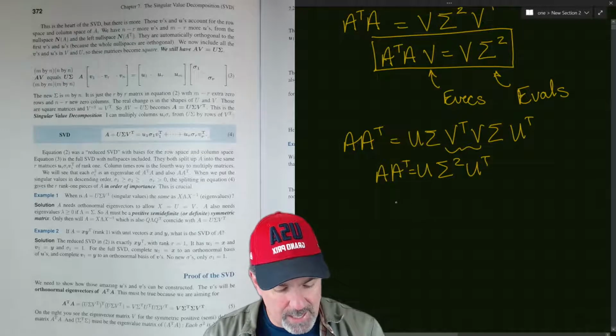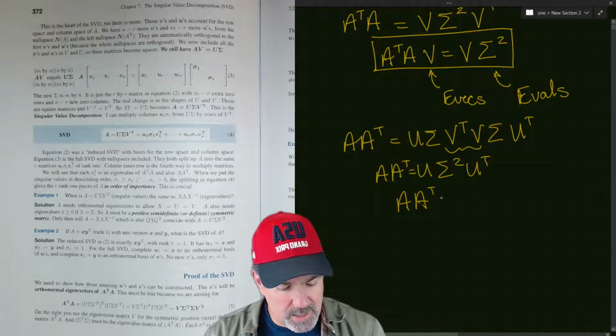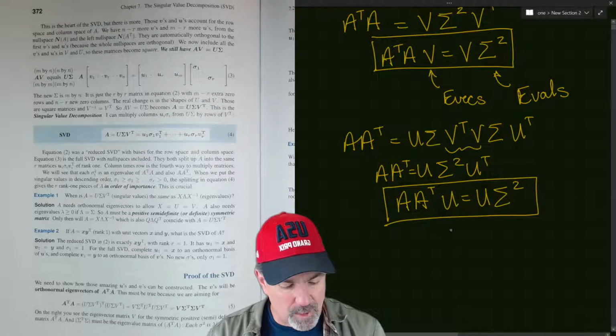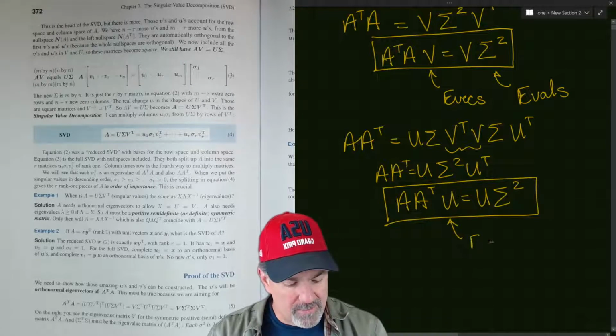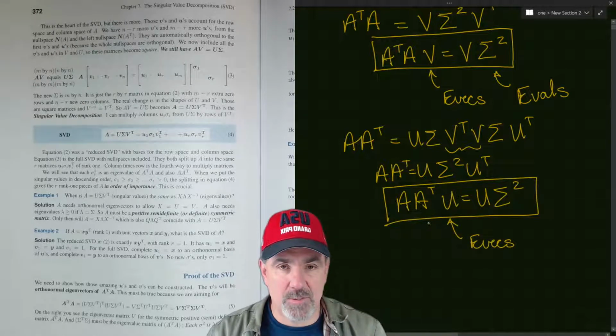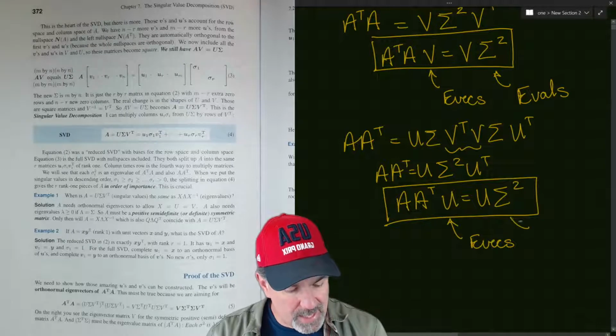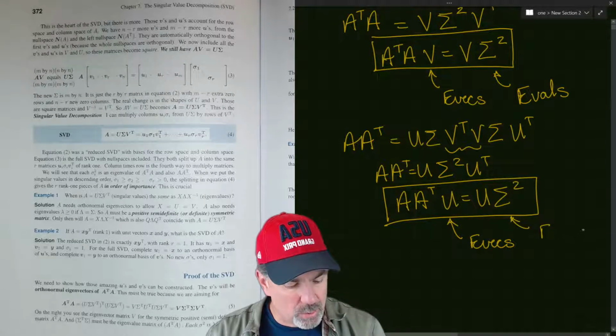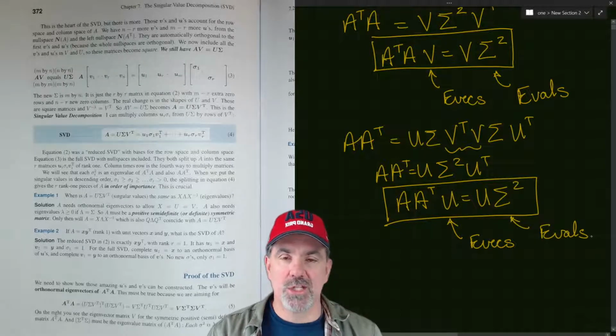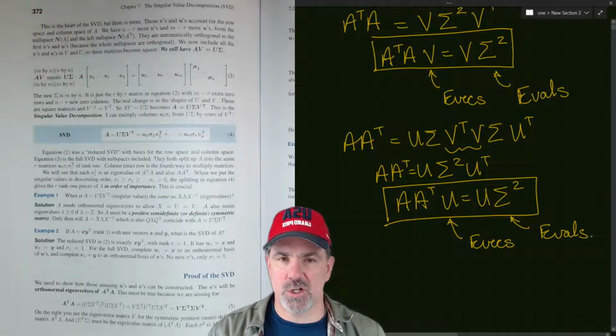With right-hand multiplication by the U matrix, we end up with A A transpose U equal to U sigma squared. And again, we have an eigenvalue problem where the eigenvectors for A A transpose are contained in U, and the eigenvalues are equal to sigma squared. So this is really the underpinning of why the singular value decomposition works.